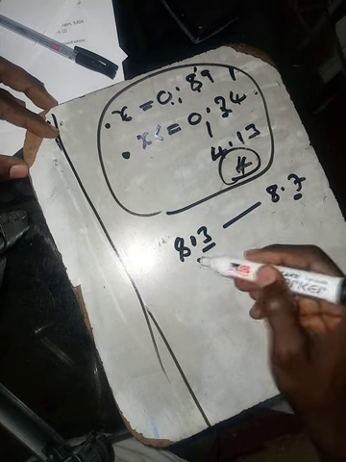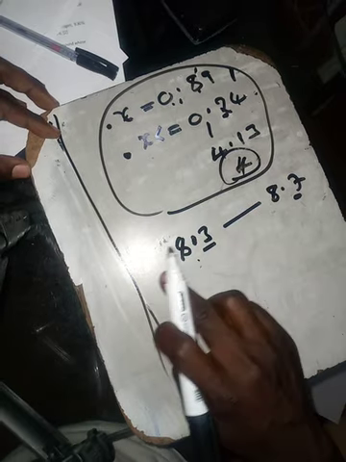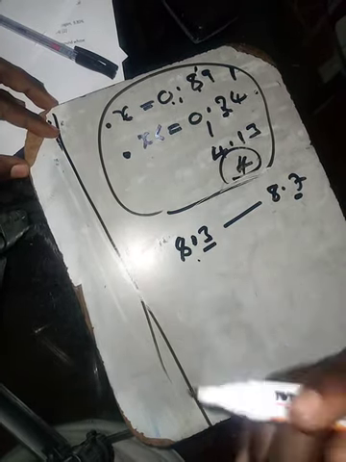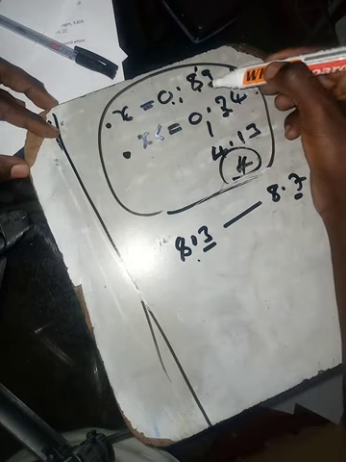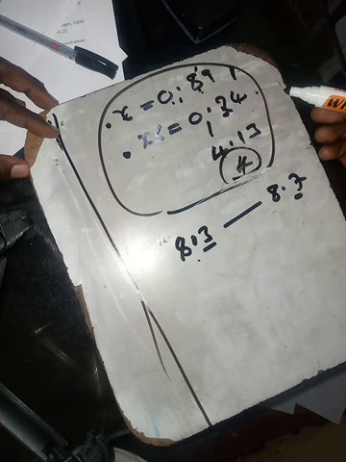You're not supposed to round off this. What do you do? You need to look for a whole number which you're going to multiply with this. When you multiply, it will take you to a value such that you can round off. I think I've made myself clear here.